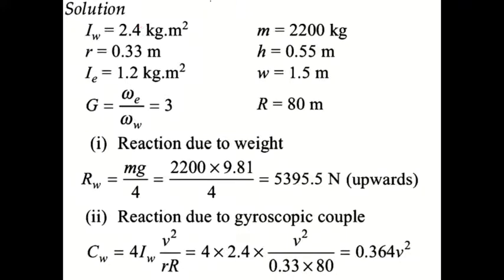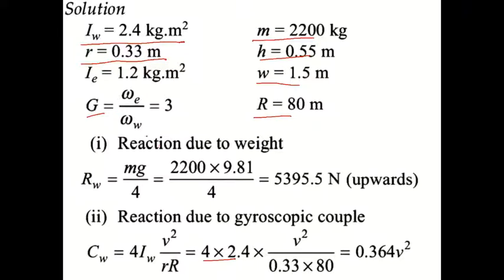So that's what they are given here. All the values: I for wheels 2.4, R for wheels, then mass, H value, width value, capital R value, and the gear ratio G value, everything they have given.